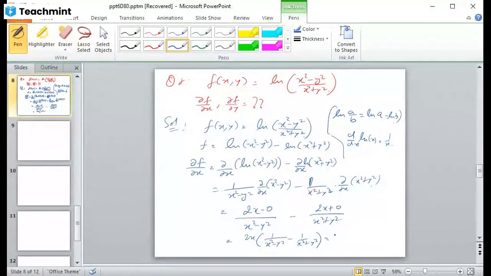If we take the LCM, this is (x square minus y square) into (x square plus y square). So here, x square plus y square minus (x square minus y square). Here x square and x square cancel out, so this is 2y square.